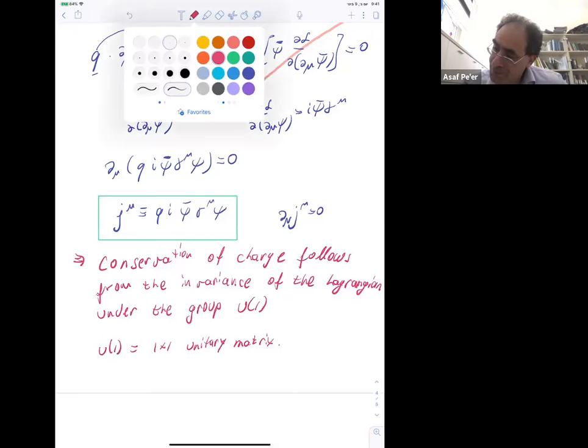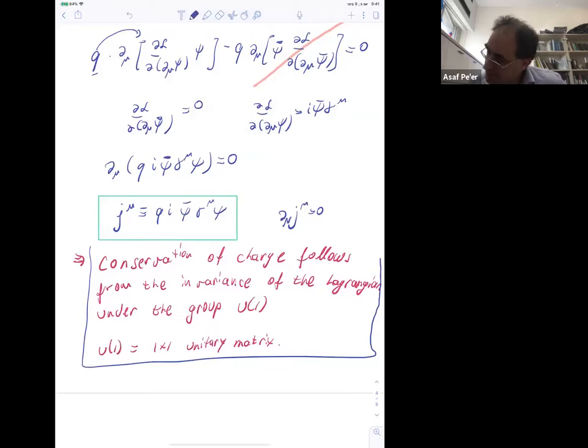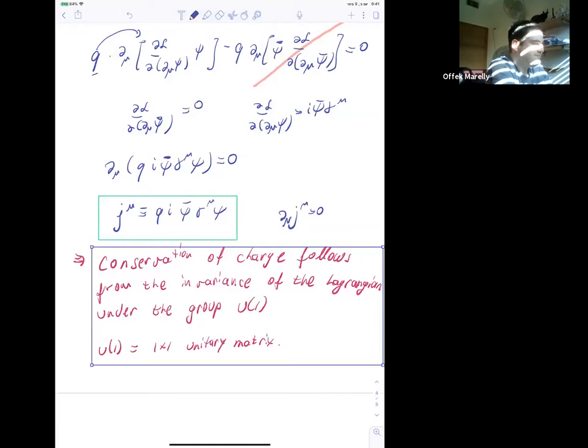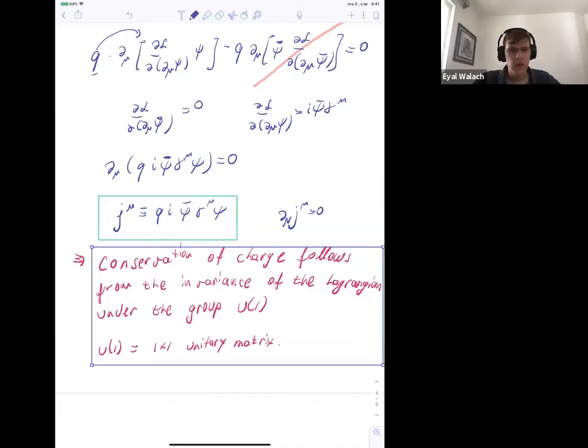Okay? Isn't this cool, guys? Man, you have to admit this is cool. I don't have to. What we're going to do now is even cooler. Yeah. A 1-by-1 unitary matrix is just a complicated way to say phase, right? Yeah.